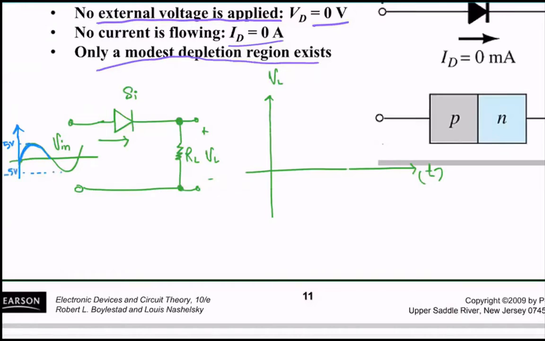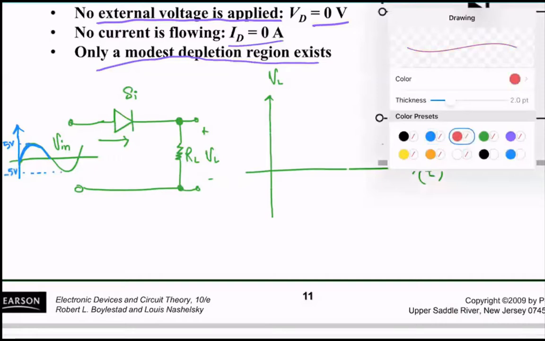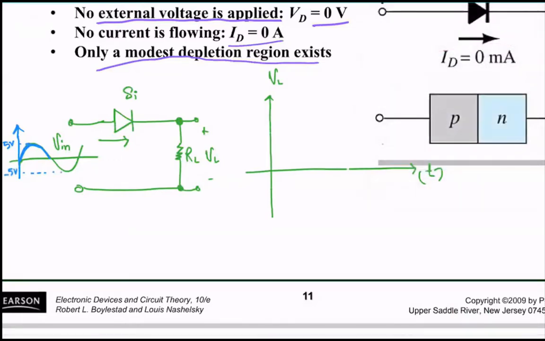During this positive half wave, are the values going to be positive or negative for Vin? They will be positive values, right? Maybe 1 volt, 2 volts, 5 volts here, 3 volts, 2 volts, 1 volt, 0 volts. All these values are positive.